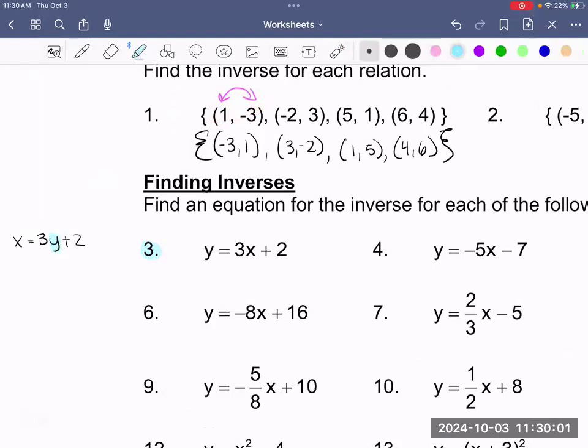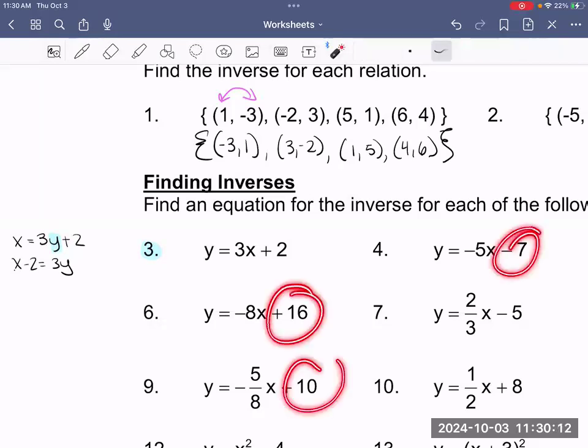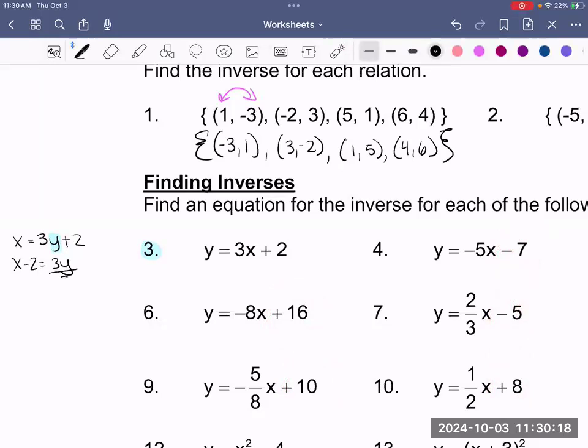We want to get y alone. So the first thing we want to do is subtract 2 to the other side to get your y term alone. We want to do that each and every time. So that means for all of these over here, we're going to subtract or add those values over. Then we get to divide each term by 3.